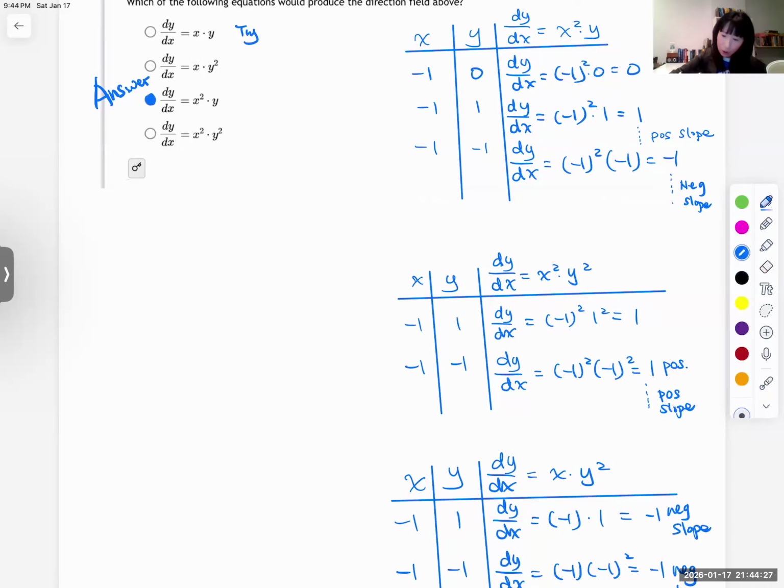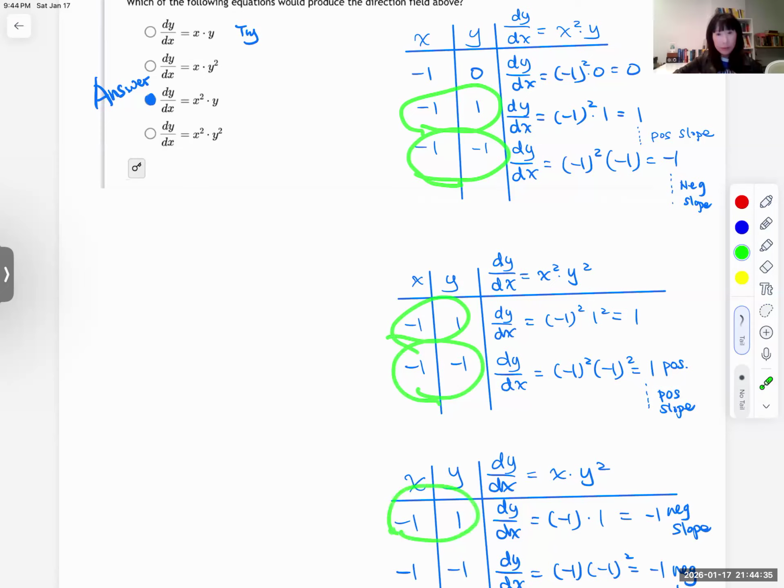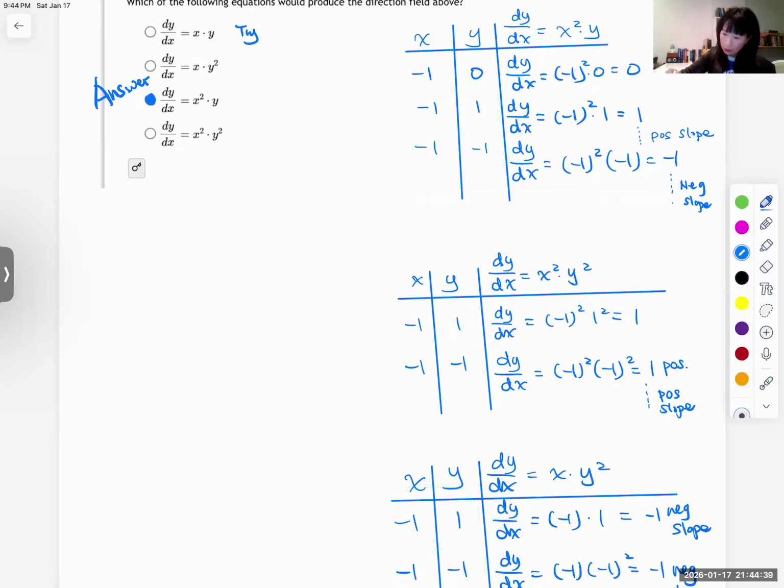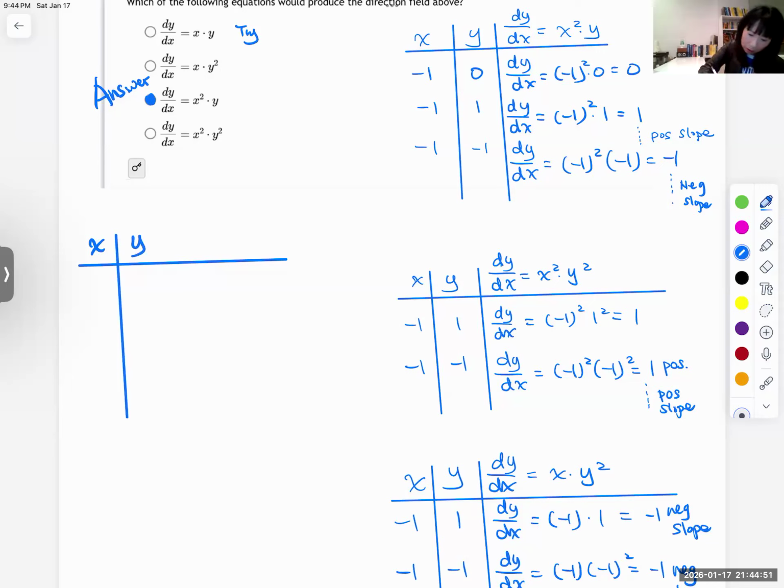Okay, so I was using negative 1 and negative 1. Can you see that? Let's do that together. So this is number 1, number 2, number 3, number 4.